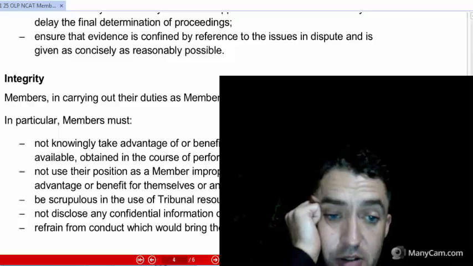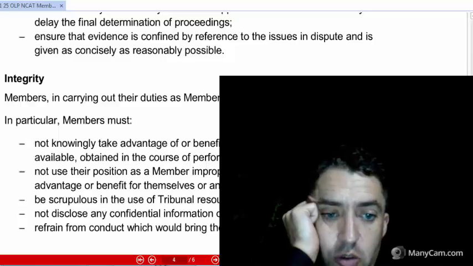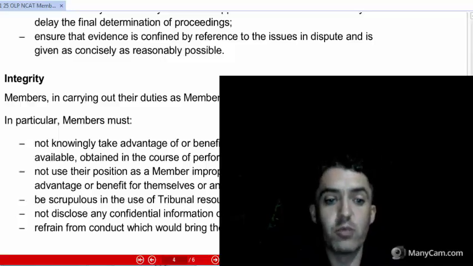Be scrupulous in the use of tribunal resources. Not disclose any confidential information otherwise than as permitted by law. Refrain from conduct which would bring the tribunal into disrepute.